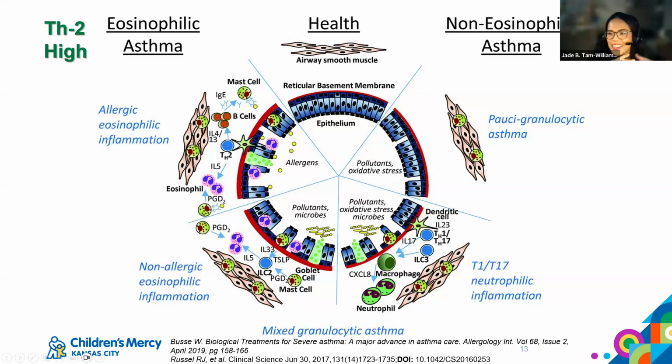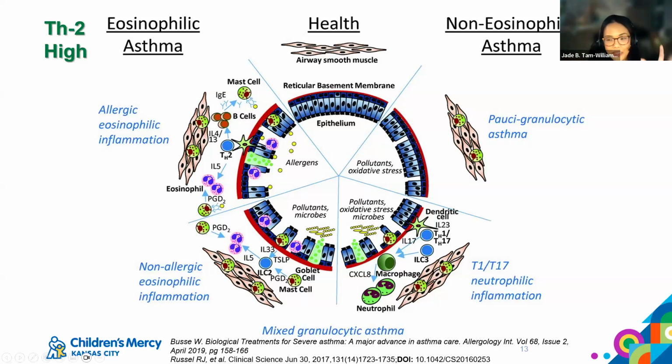I call it the scaffolding in which everything sits, okay? That's really nice and smooth too. The epithelium, which is the lining of the lung itself, again, nice and smooth and intact. So in healthy lung, the smooth muscle is nice and thin, the reticular membrane is nice and thin, the epithelium is intact.